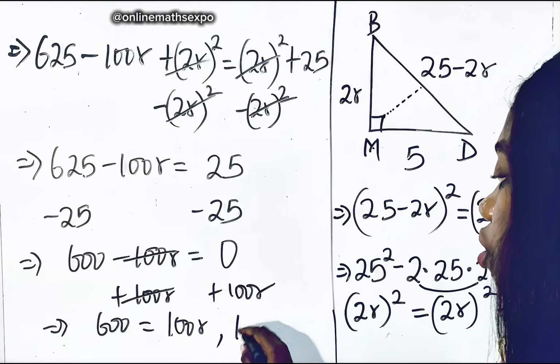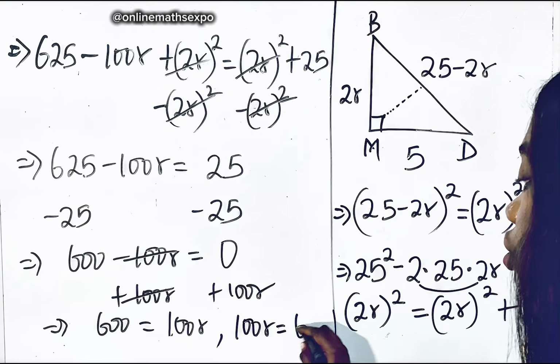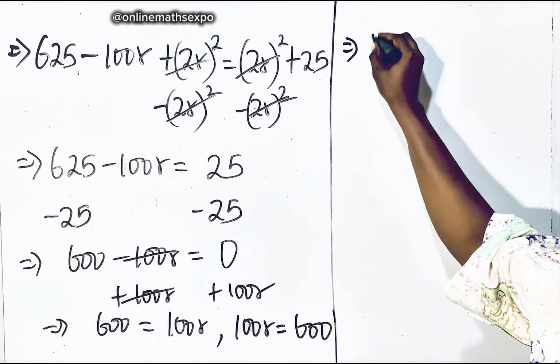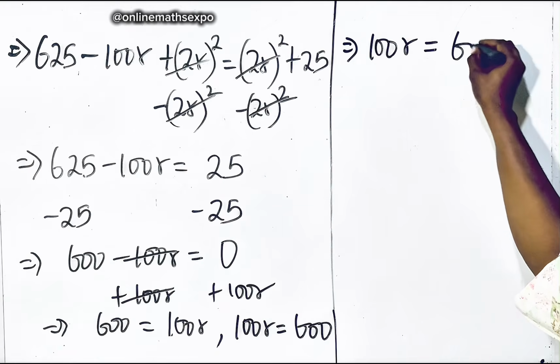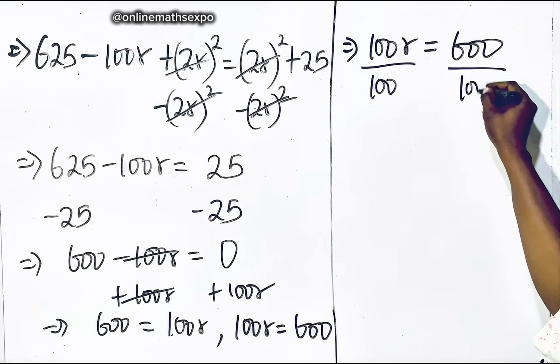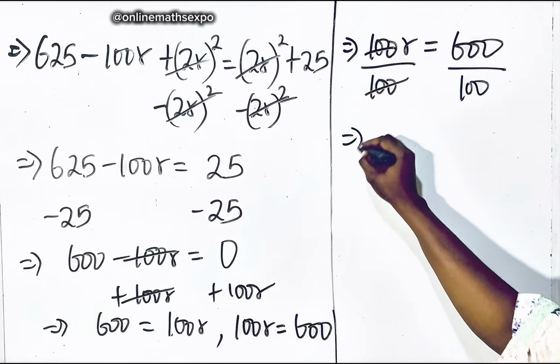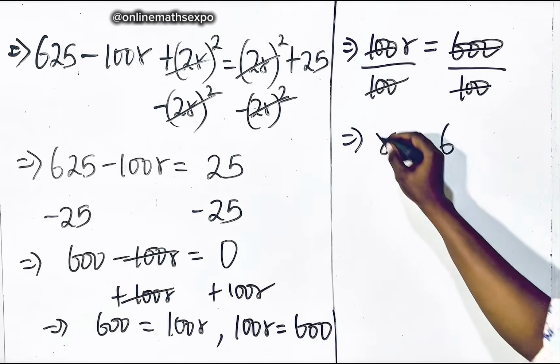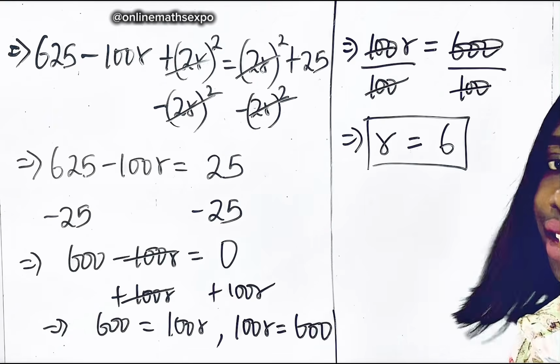This is the same as 100R is equal to 600. To get R, divide both sides by 100. This will cancel out. R will give us, how many 100 is in 600? 6. So the value of R is 6.